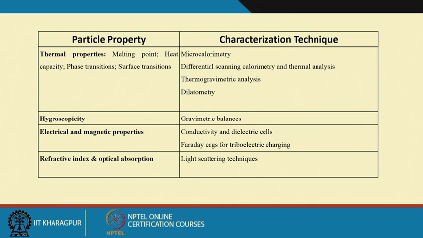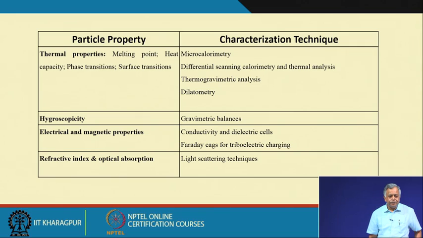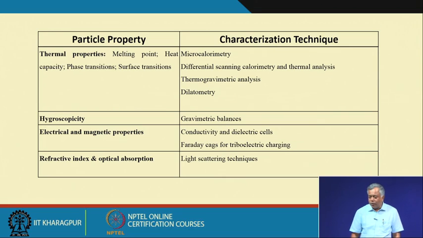Other particle properties, many a times we need to know the thermal properties, that is melting point, heat capacity, phase transitions, surface transitions, but for mineral processing activities we hardly use heat. So, it is not much relevant for mineral processing engineers, whereas it is one of the very important properties of a particle for an extractive metallurgist.